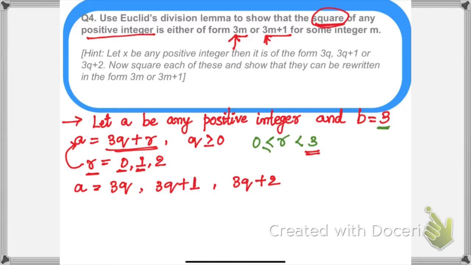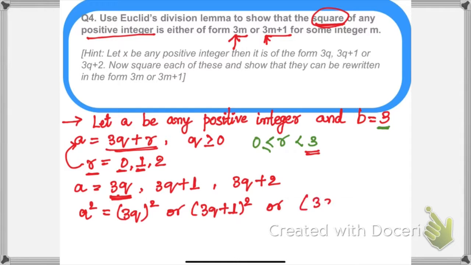That means we'll get a square is equal to 3q whole square, or 3q plus 1 whole square, or 3q plus 2 whole square.